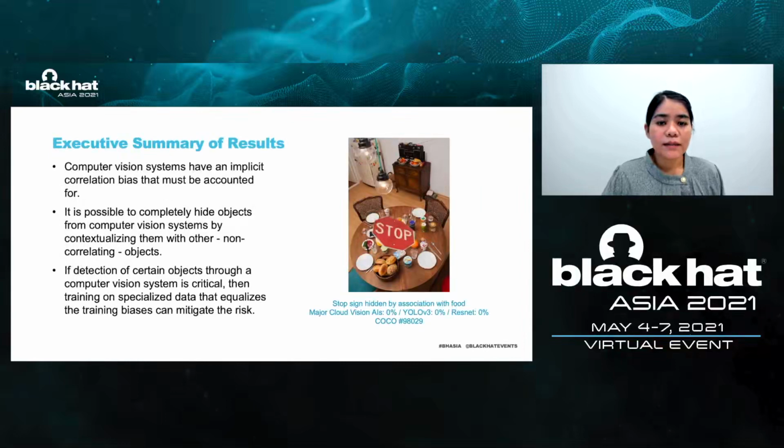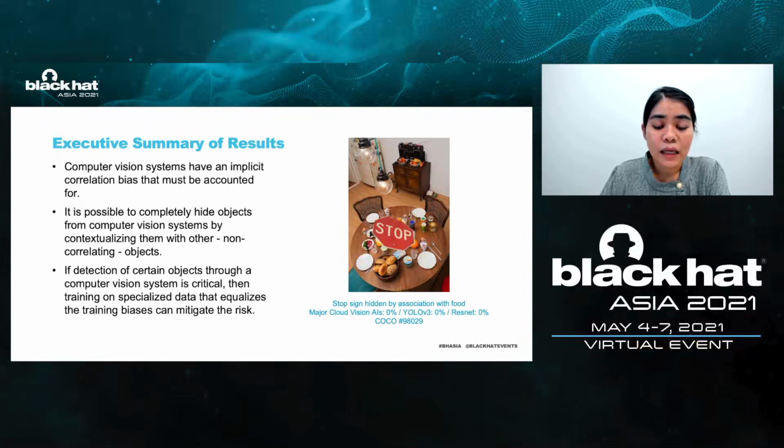Before we get into the details of the study, let me give you the executive summary of our results. In this study, we found that computer vision systems have an implicit correlation bias that must be accounted for. If you take a look at the figure on the right side, you will see that the stop sign is totally hidden by a major cloud vision system.